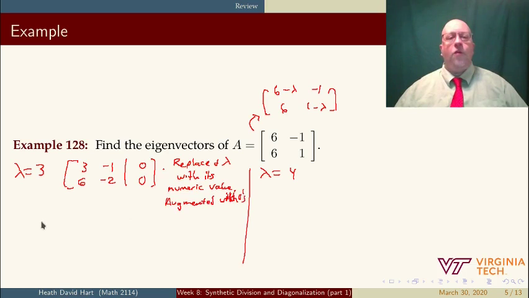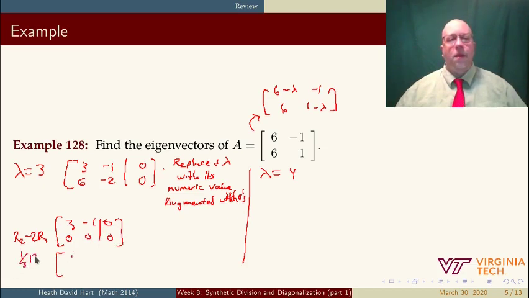And now we're going to row reduce. This is easy to row reduce. Row 2 minus 2 row 1 gives me 3, -1, 0, 0, 0, 0. And if I divide the top row by 3, I get 1, -1/3, 0, 0, 0, 0.